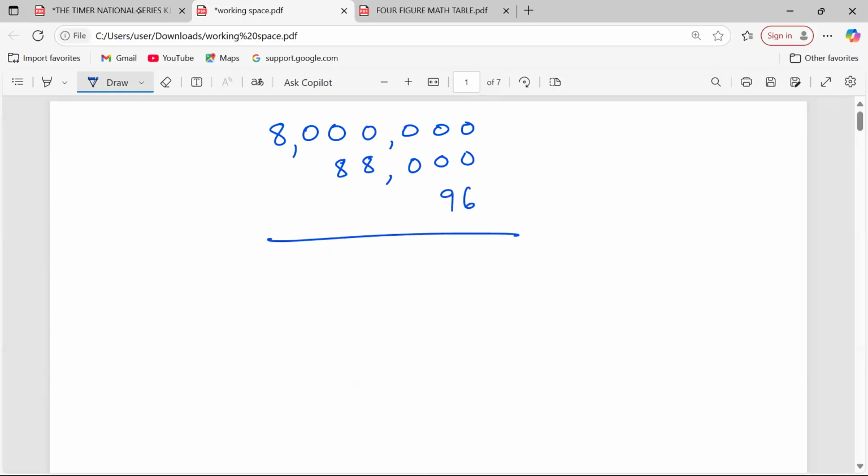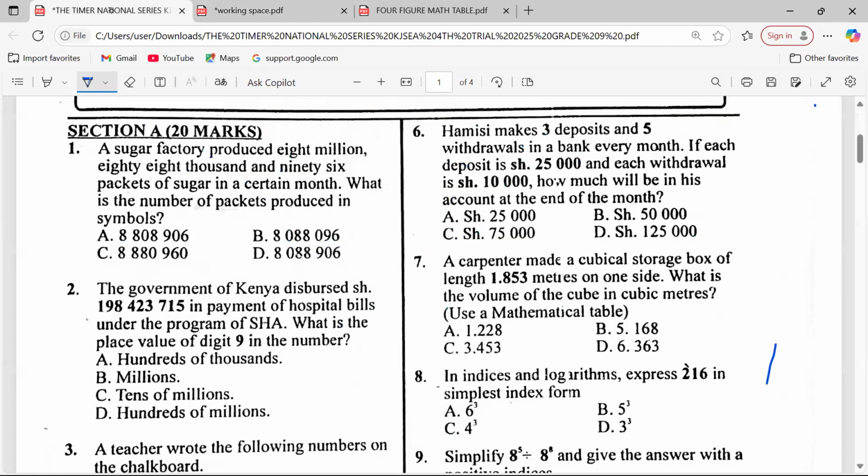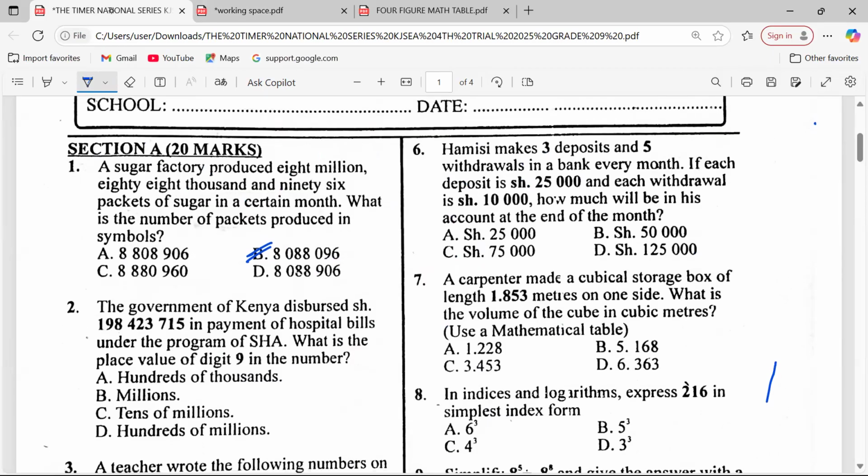So this is 8,088,096. Now, because it's a multiple choice question, we're going to look at where this figure has been placed. And this is part B. Exactly, part B. So now we have the right choice. You put a tick on the right choice.